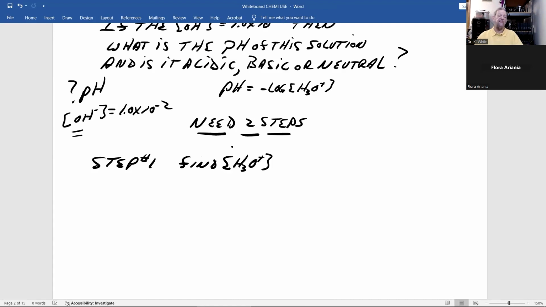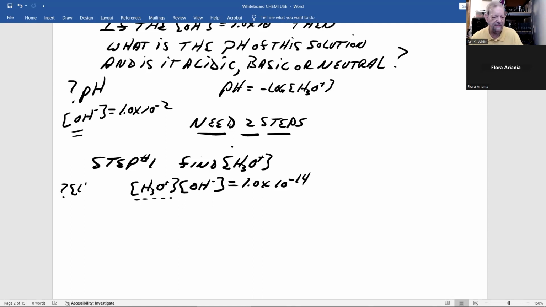So the first one, you have to determine the hydronium ion concentration. So we know this from Kw, the ionization constant of water. Now we want to get this alone on one side, because we want to find first H3O plus.